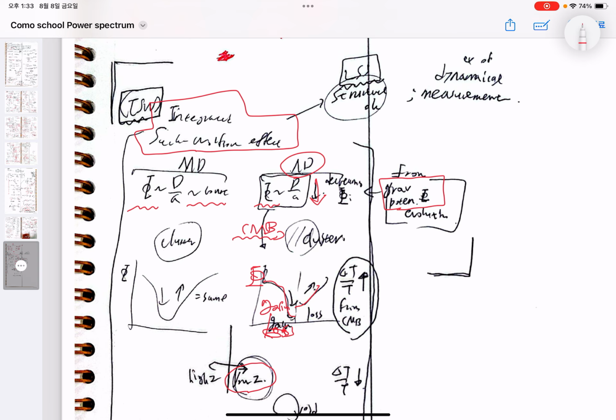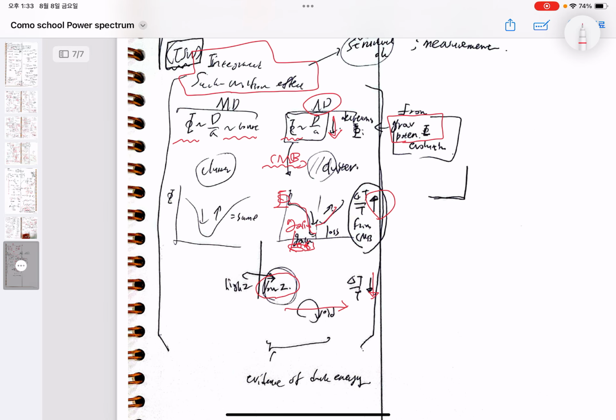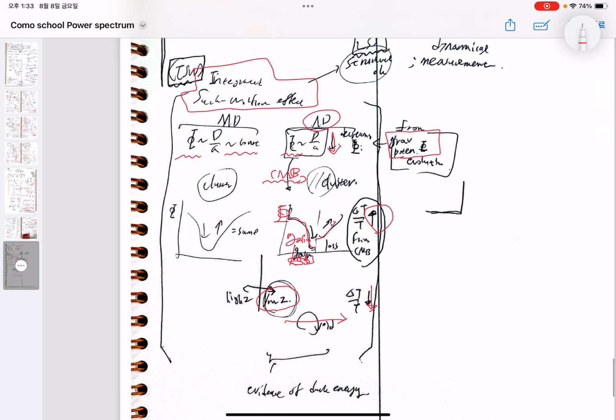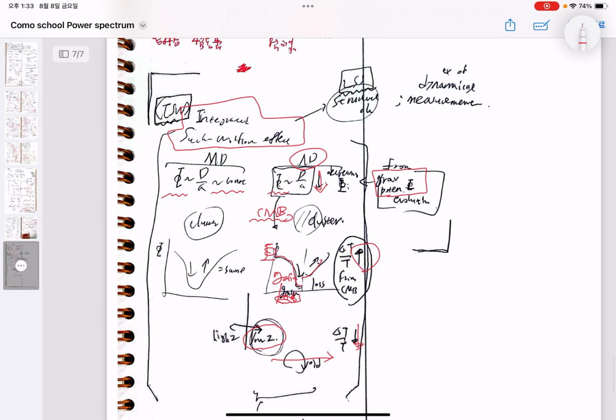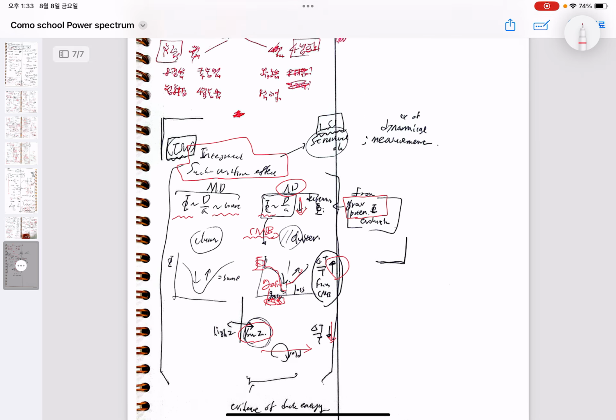So when the CMB light passes through the cluster, the temperature anisotropy from the CMB increases. But when the CMB light passes over the voids, such temperature anisotropy decreases. This is called the integrated Sachs-Wolfe effect, so-called ISW, and it is evidence of dark energy. By measuring the large-scale structures at low redshift, we can track the dark energy. This is one example of a dynamical measurement.